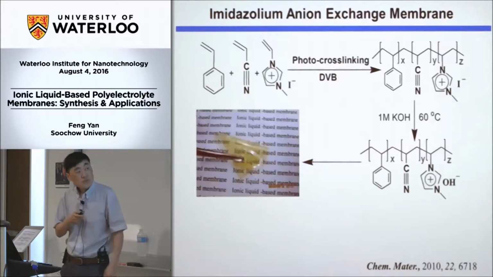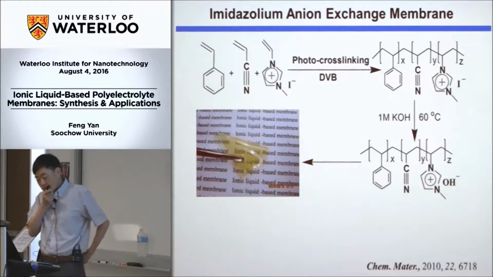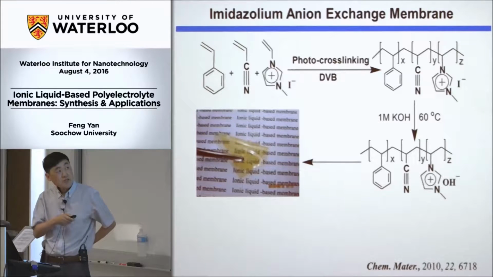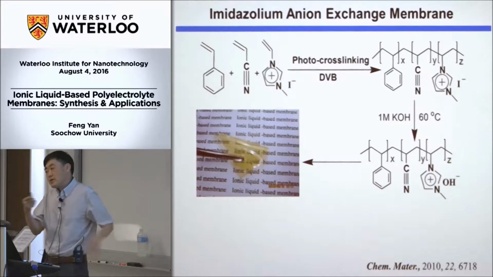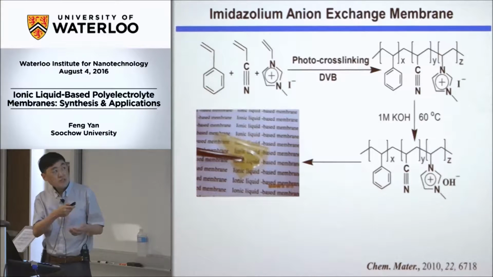So we published the first example in this area using imidazolium cations to replace ammonium cations. It's very simple. You just cross-link the mixed monomers, and finally you get these membranes.